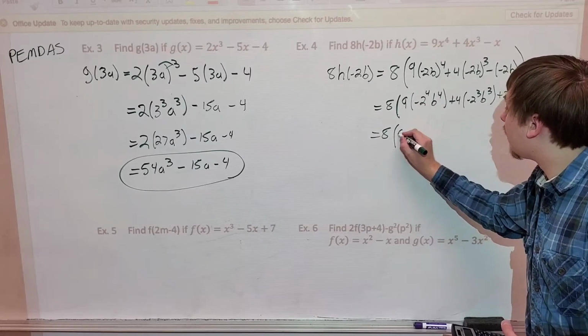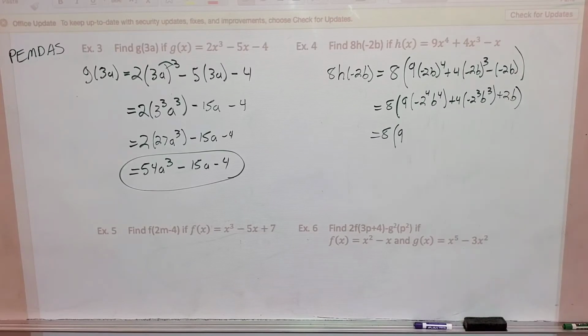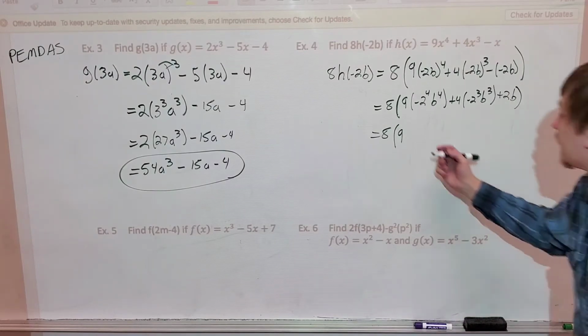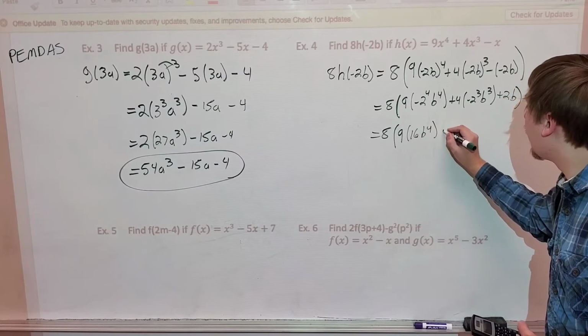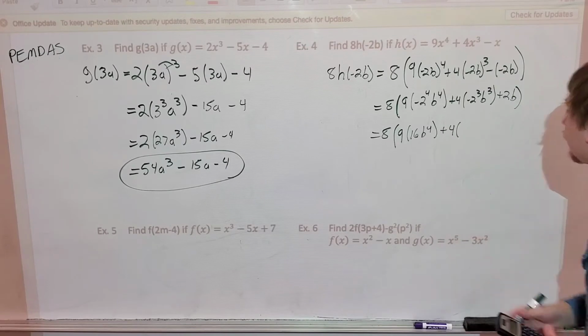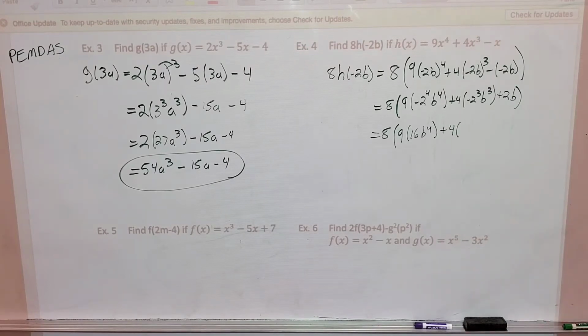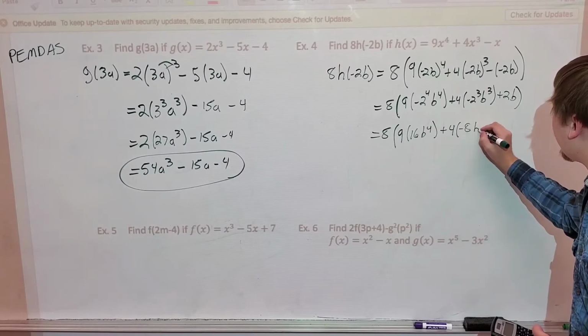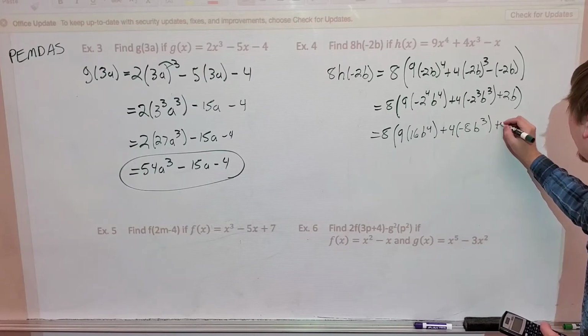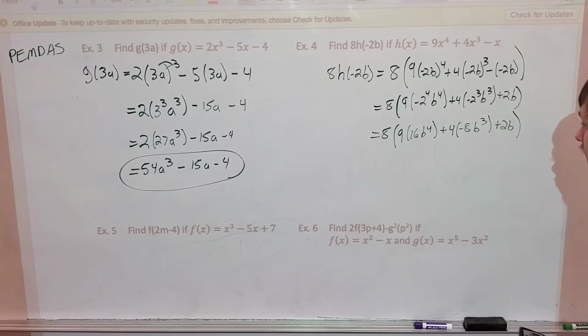Okay, so now we have some more exponents to do, so we'll do that. We still have an 8 in front, and then we still have a 9. Negative 2 to the fourth is 16. So we have 16 still with a b to the fourth, plus 4. Negative 2 to the third is negative 8. And then we've got b to the third, and then plus 2b.